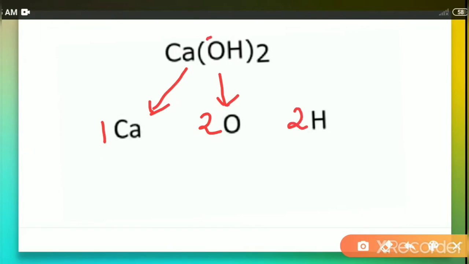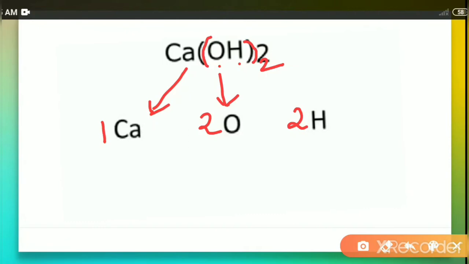Because there is a bracket and a 2 outside, it means this 2 applies to both, so 2 times means there are 2 oxygen and 2 hydrogen. So we can split the formula this way: 1 calcium atom, 2 oxygen atoms and 2 hydrogen atoms.